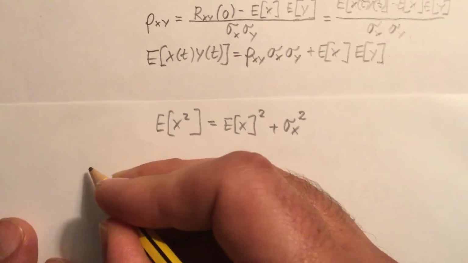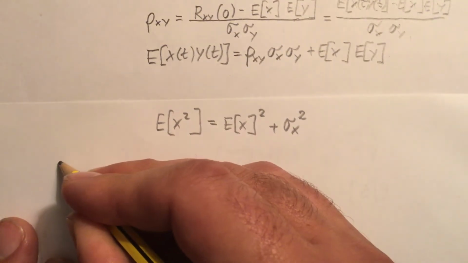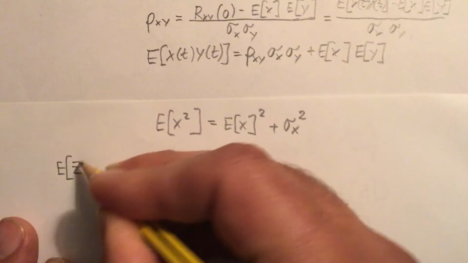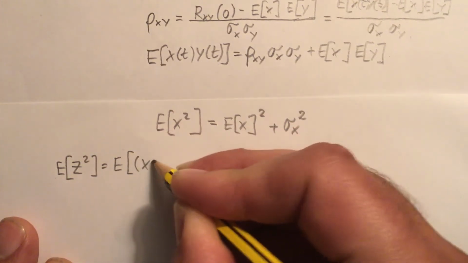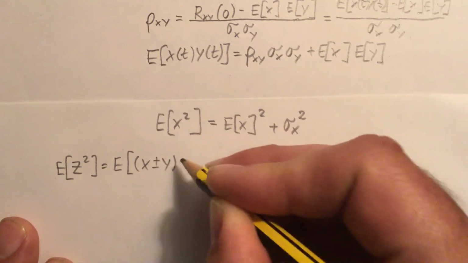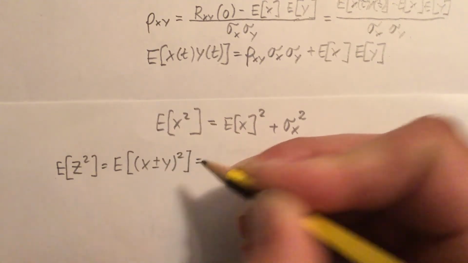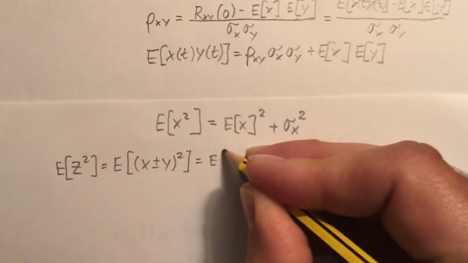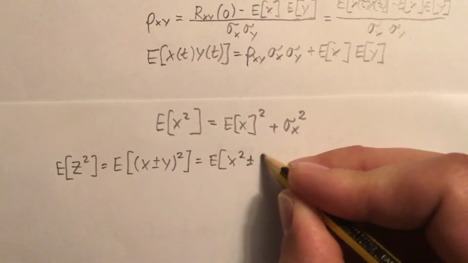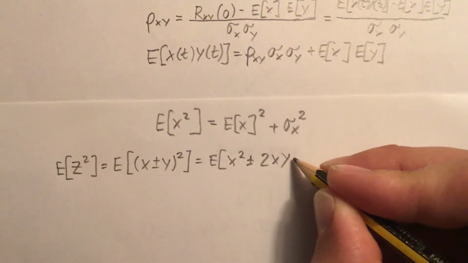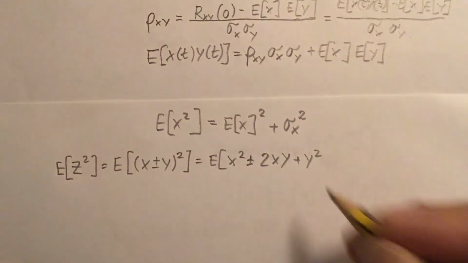So if we want to know the expected value of z squared, where z is equal to x plus or minus y, we will end up with the expected value of x squared plus or minus 2xy plus y squared.